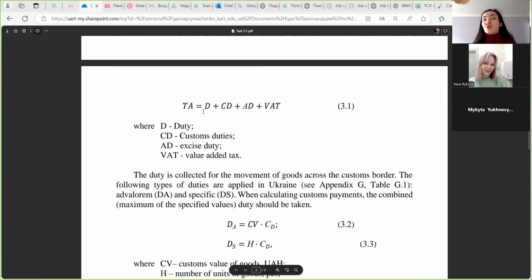So we need to find the sum of these four parameters, and it will be our total costs of delivering from this part of the road. All of these parameters are in hryvnias, so we find the total cost. This money we need to pay for the delivery on customs.